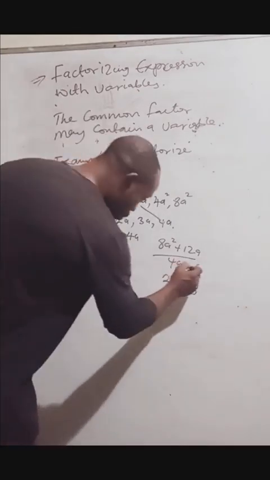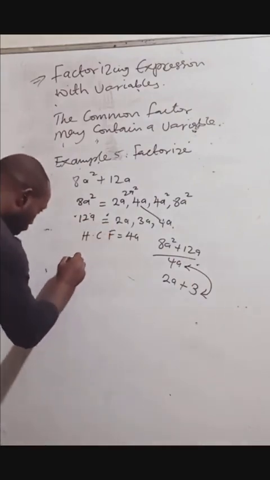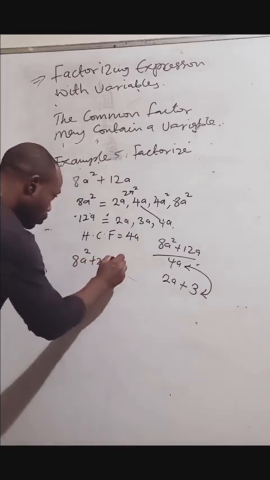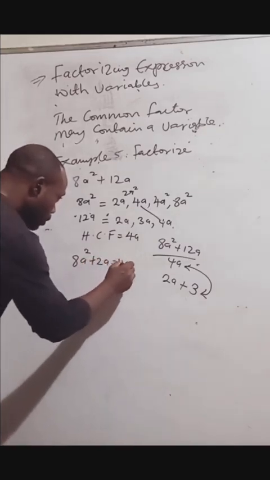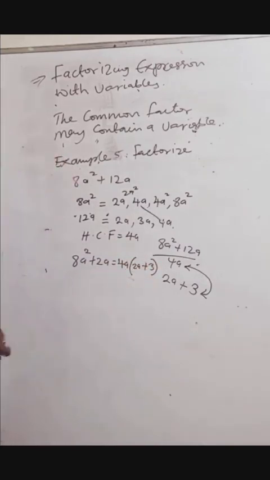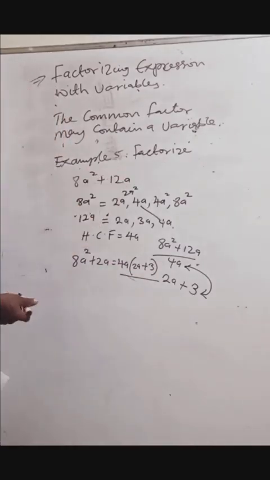So now I'm going to multiply these two values. Therefore, 8a squared plus 12a is equal to 4a multiplied by 2a plus 3. So this is the factorized version of 8a squared plus 12a.